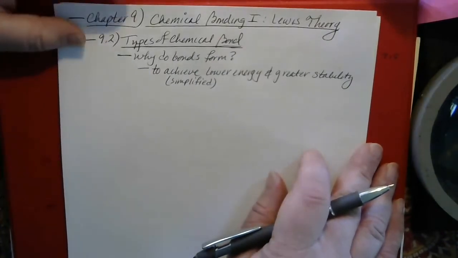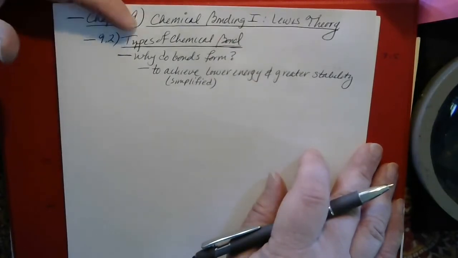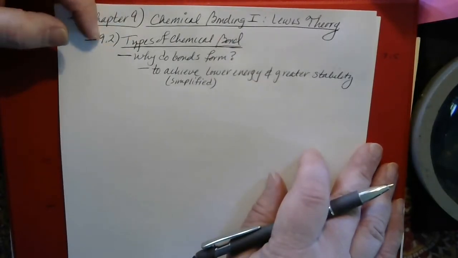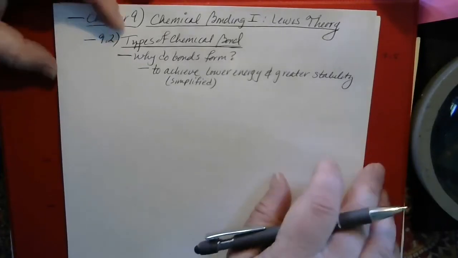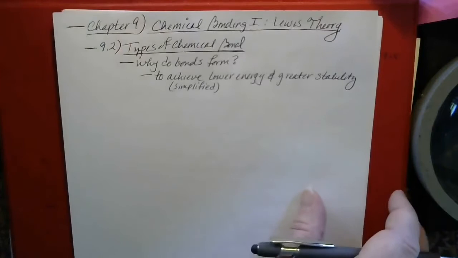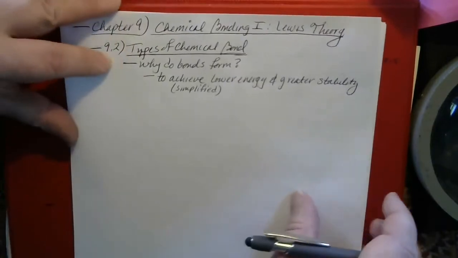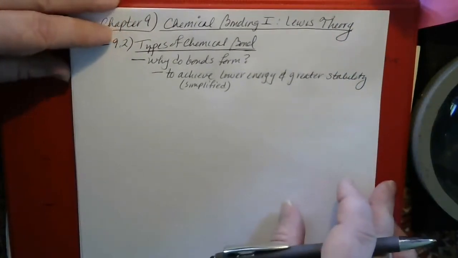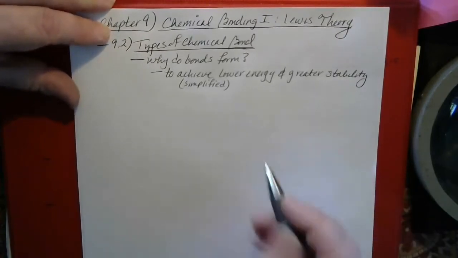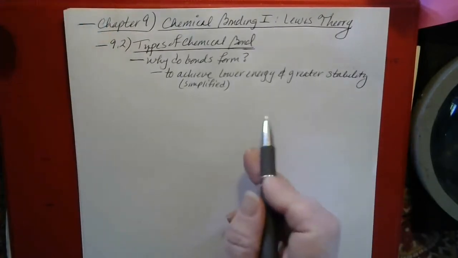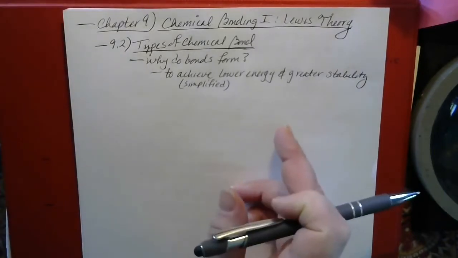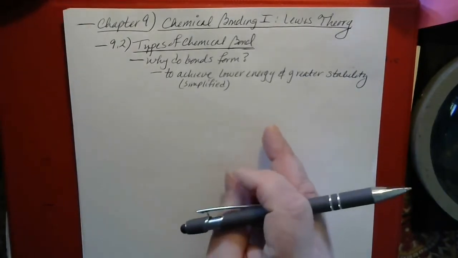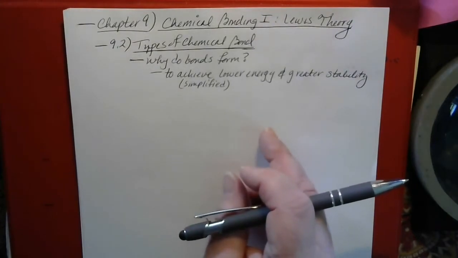First of all, there are different types of chemical bonds depending on what types of atoms are being bonded together. And we've looked to some degree at some of them. We're familiar with covalent bonding and ionic bonding, at least in general terms. And there's another type of bonding that we haven't really discussed yet, but it's metallic bonding, and that occurs when you have a chunk of metal.